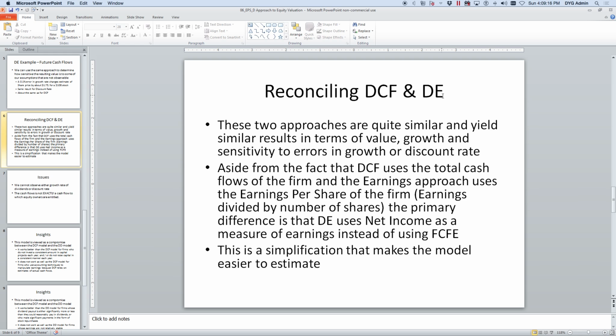The only real difference is that the discount earnings approach uses net income instead of this free cash flow to equity, and so that's a simplification. It makes it easier to estimate, and in many cases they'll give very similar results.